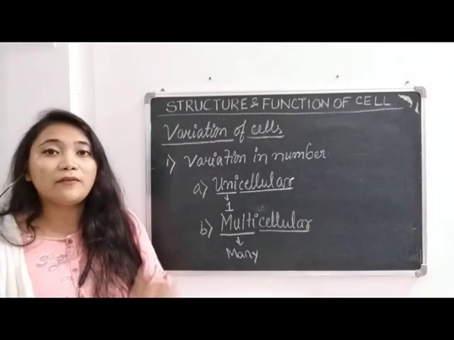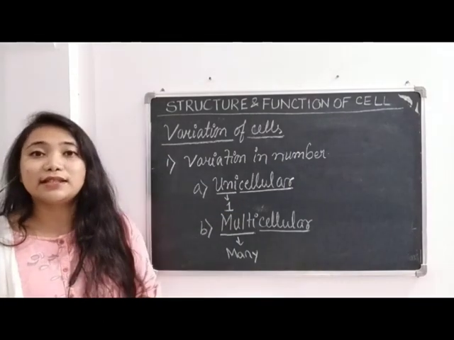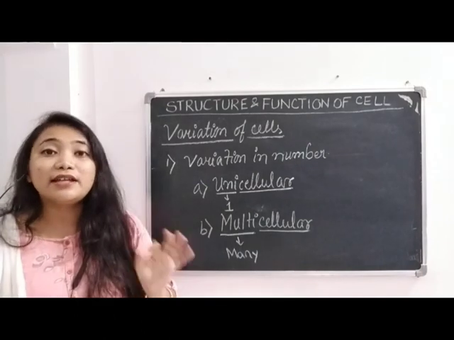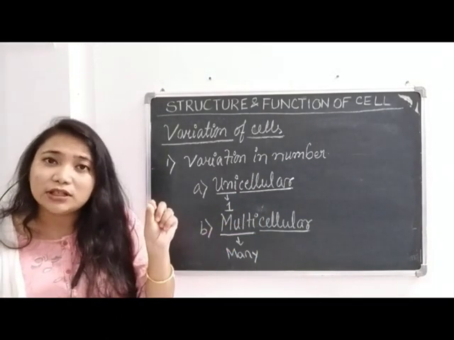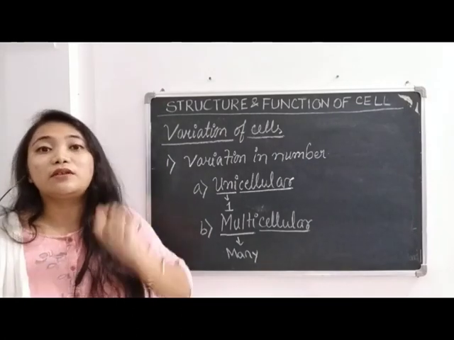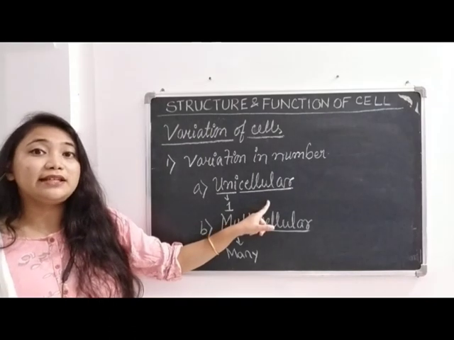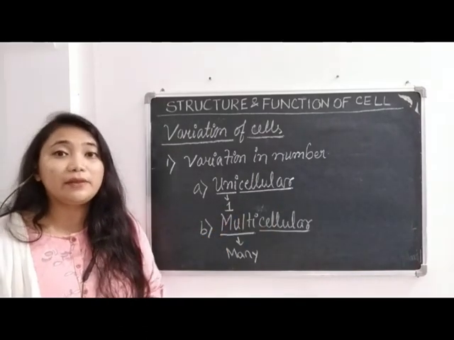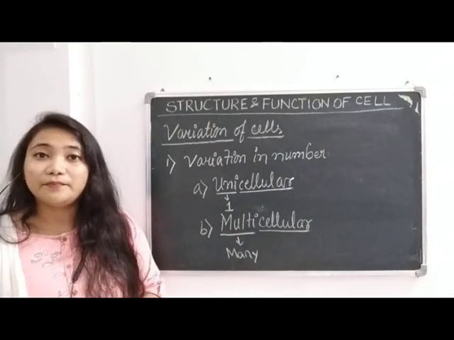Now try to think of examples. Which kind of organisms have one single cell? A very nice clue would be if there is only one cell, that means it will be very small, something that we cannot see with our naked eyes. We have already seen that there is a category of living beings which we cannot see with our naked eyes. What was that?